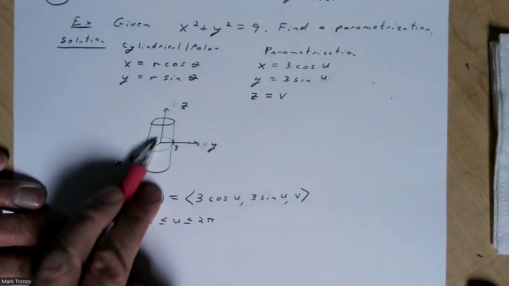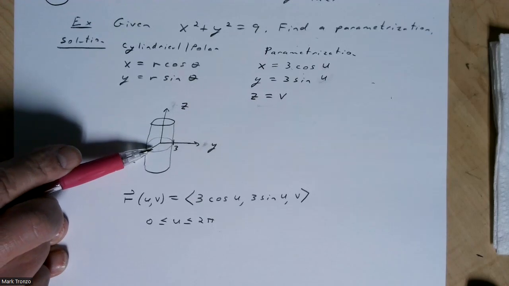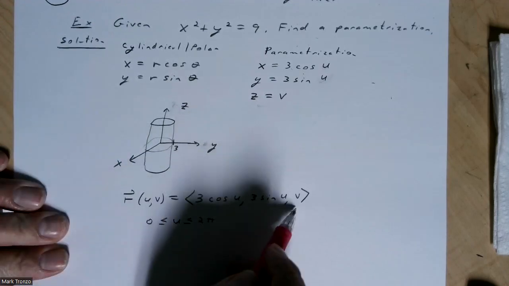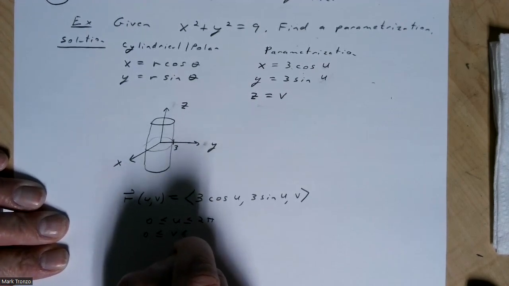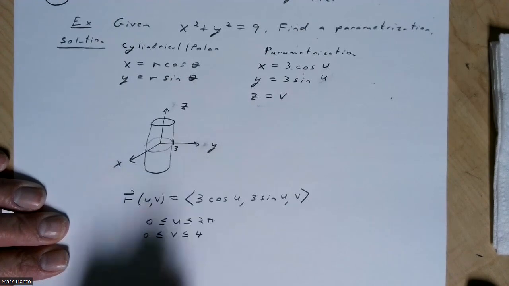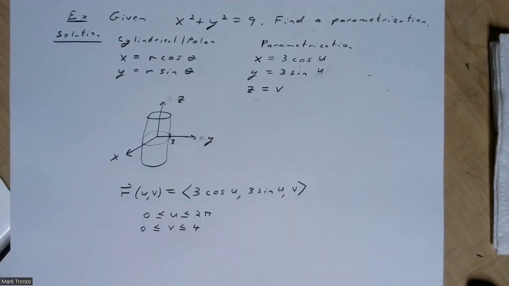And for v, let's say you wanted to limit the z value, and you want to start at 0 and end at 4. Then you would put the limit on z to go from 0 to 4, which in this case would mean limiting v.